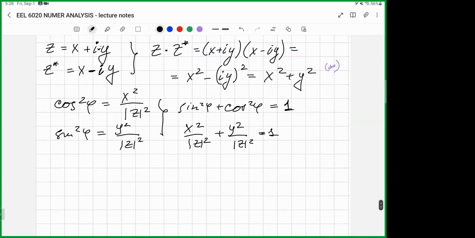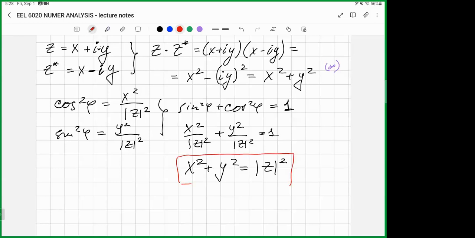And if we multiply both parts by modulus z squared, we get x squared plus y squared equals modulus z squared.